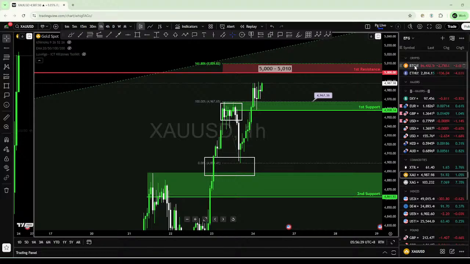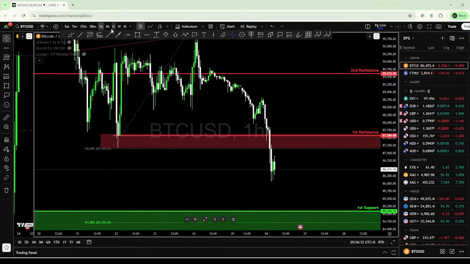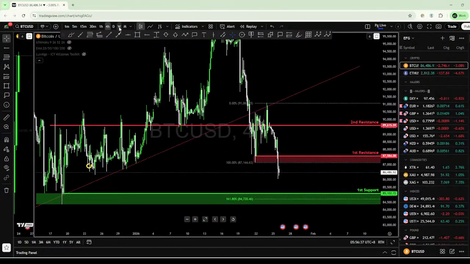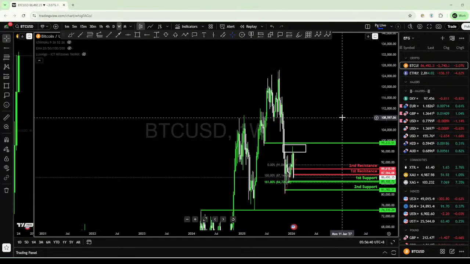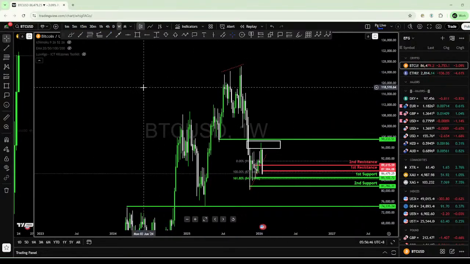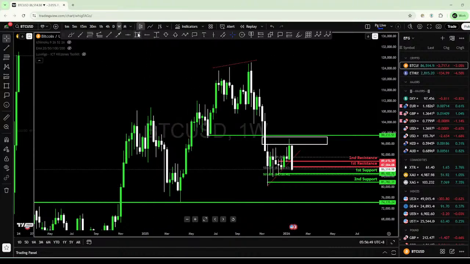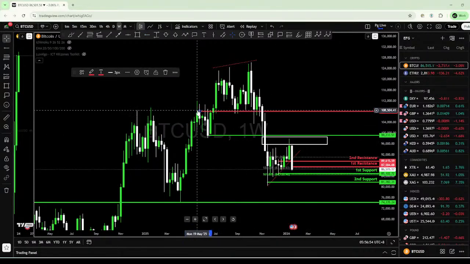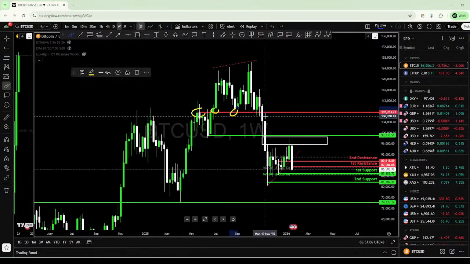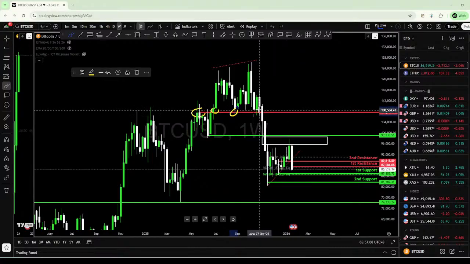Any pair cover BTC. Okay, BTC I already told you that I'm looking for the sell. For BTC, remember we were talking so long that you need to sell because there is divergence, and I told you that the key level for the BTC is here, the support level. Right? This is support level, support level, like support level here, level here, right?